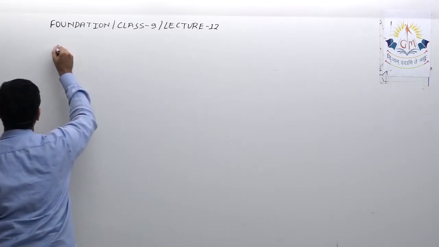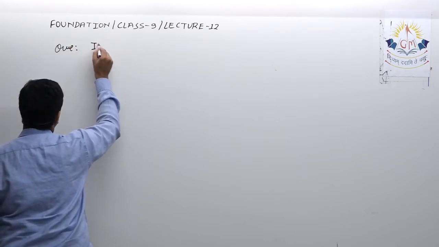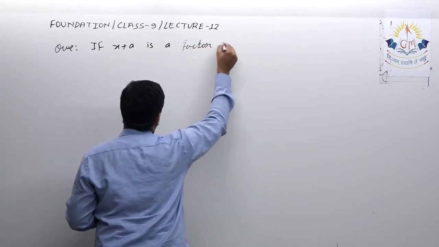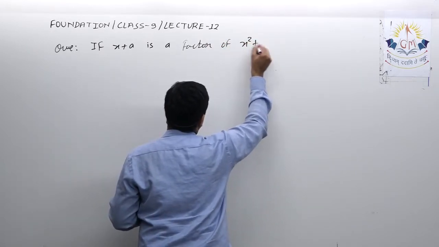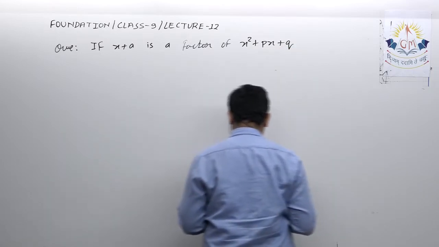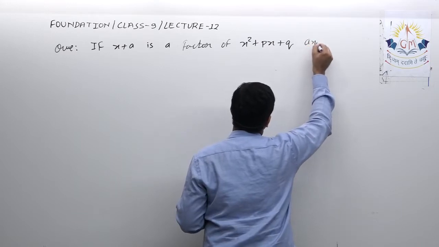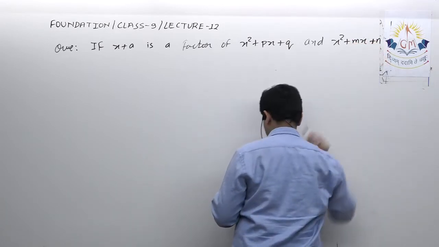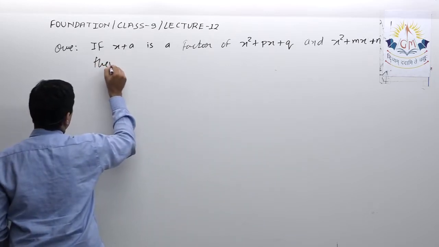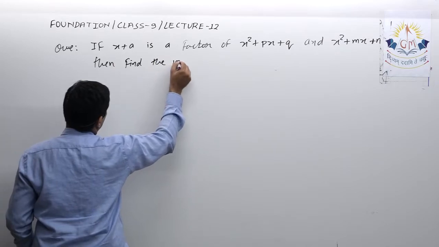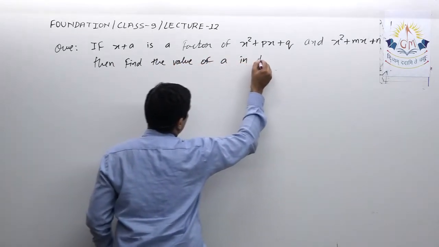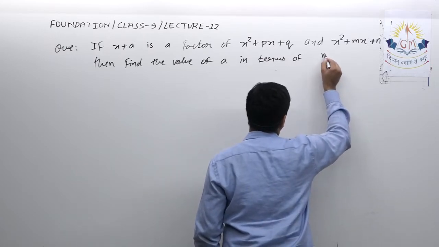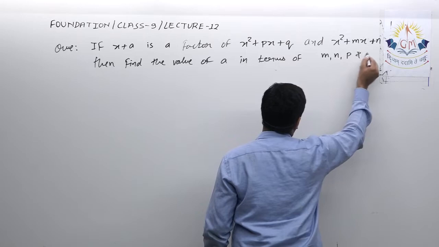Okay, the next question is: if x plus a is a factor of x square plus px plus q and x square plus mx plus n, then find the value of a in terms of m, n, p and q.